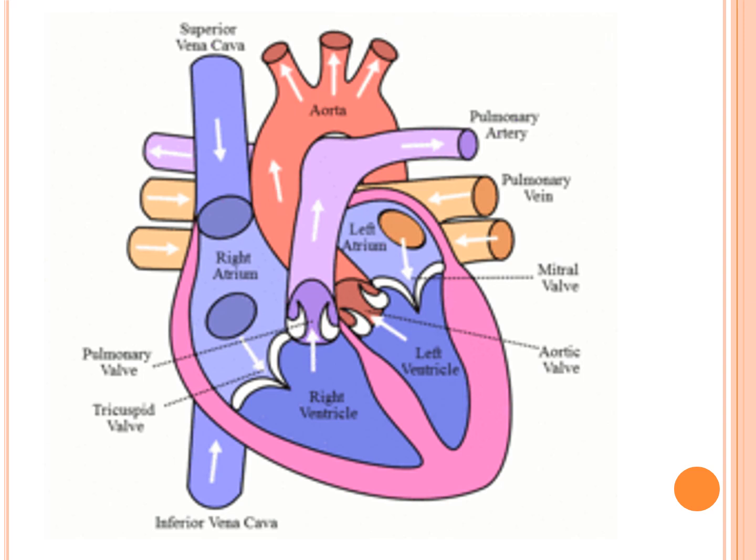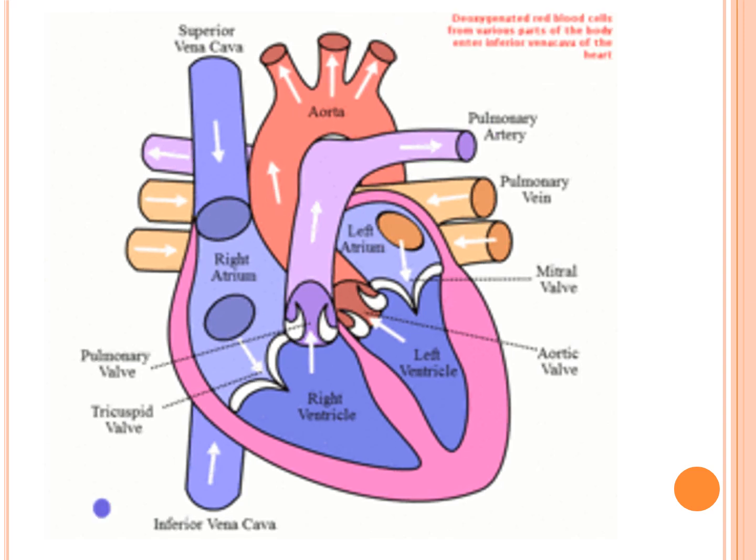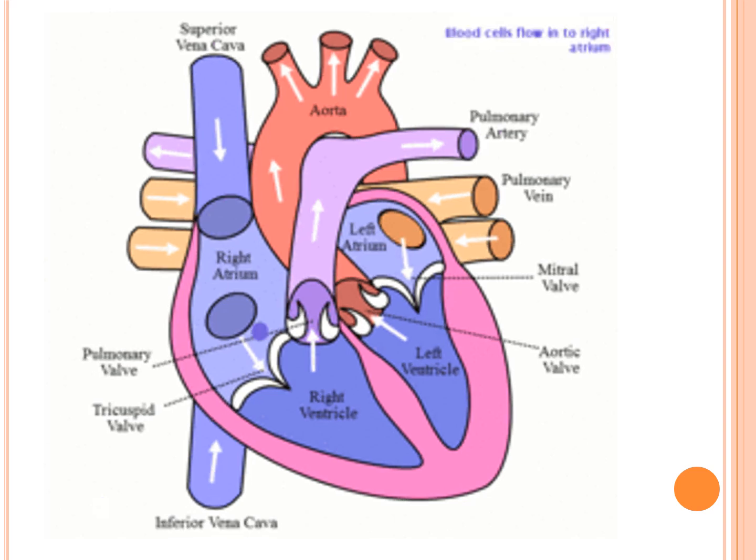We'll do this once again, starting from the inferior vena cava. So, deoxygenated blood enters from the inferior vena cava. It enters into the right atrium. From the right atrium, this blood enters into the right ventricle. From the right ventricle, it passes through the pulmonary artery towards the lungs.